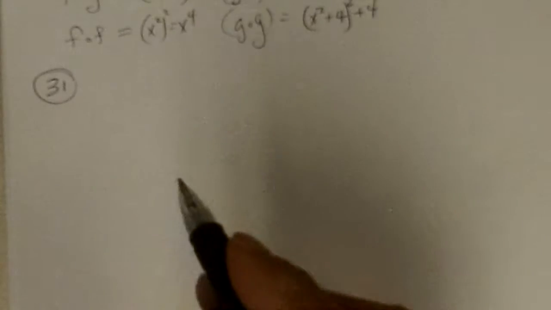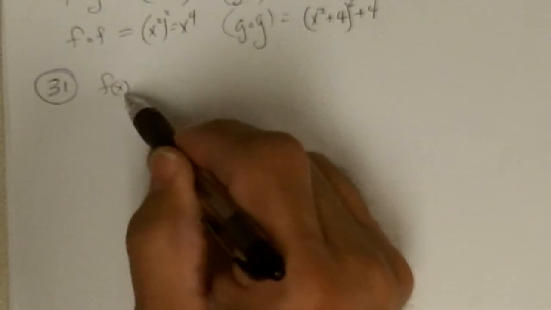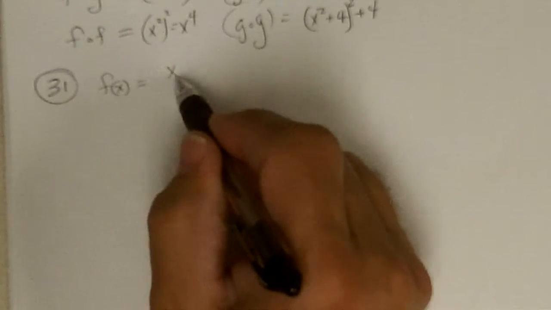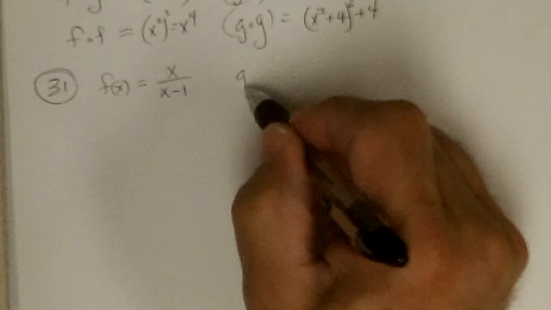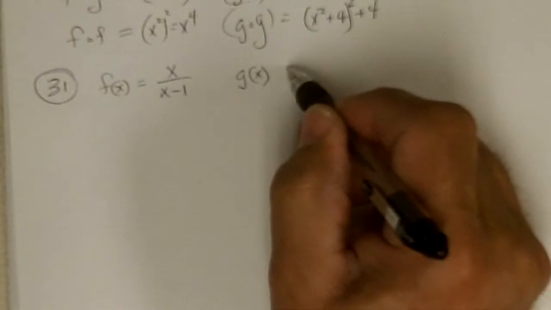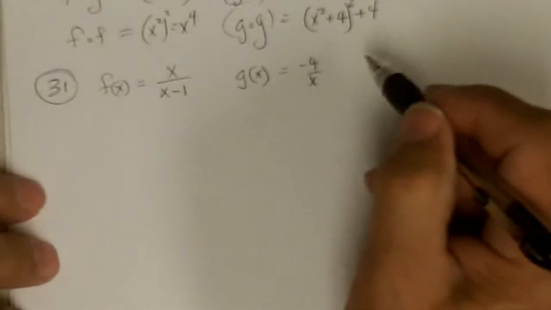31 says do the same kinds of stuff, but now f of x is x over x minus 1, and g of x is negative 4 over x.